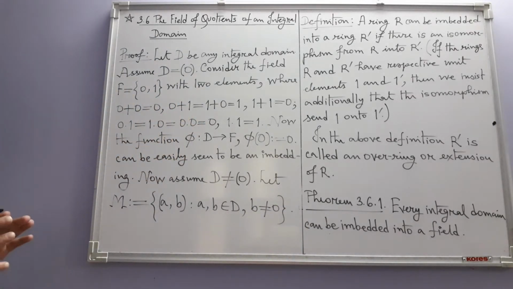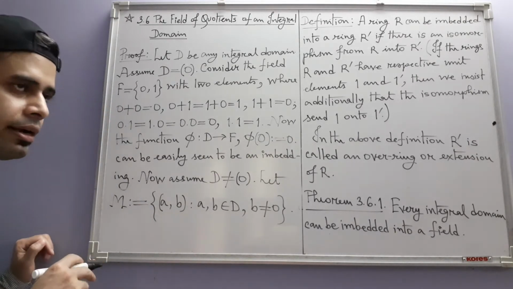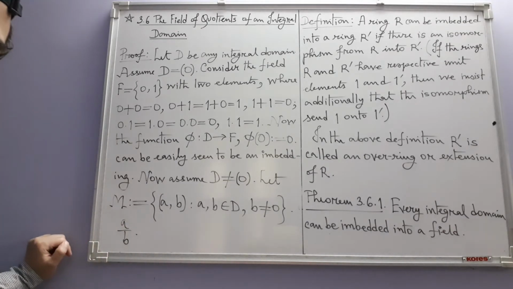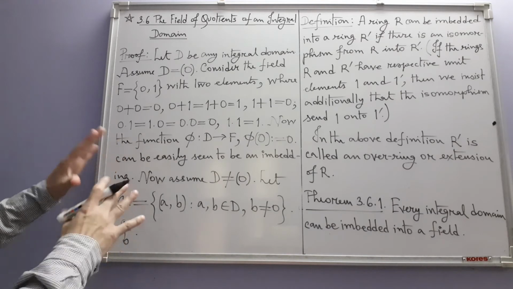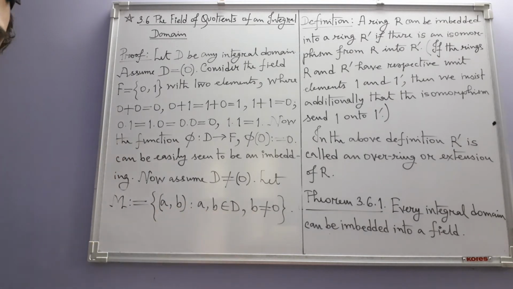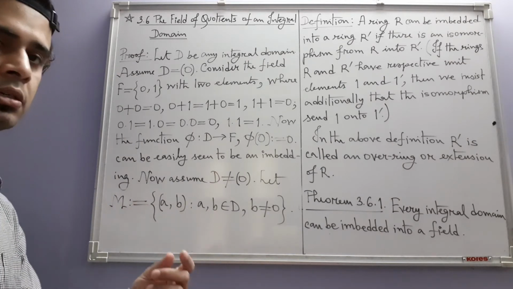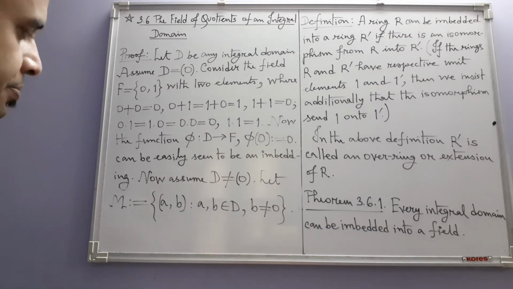You see here what we are actually doing is that this ordered pair has taken the role of A by B. Ordered pair is something that we already know. This symbol however is new to us in the context of a general integral domain. So M is the set of all ordered pairs of elements of the integral domain where the second coordinate is non-zero.